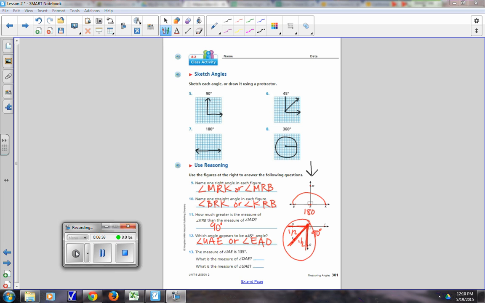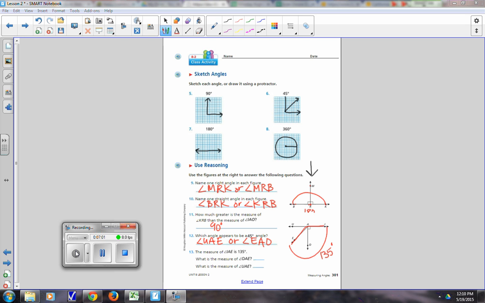The measure of IAE, this one, from here to here is 135 degrees.